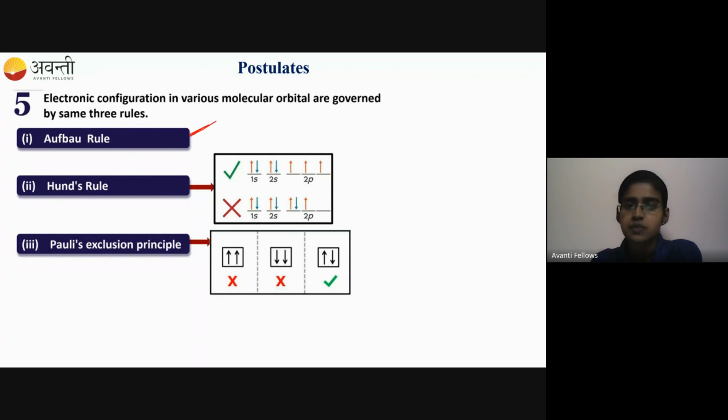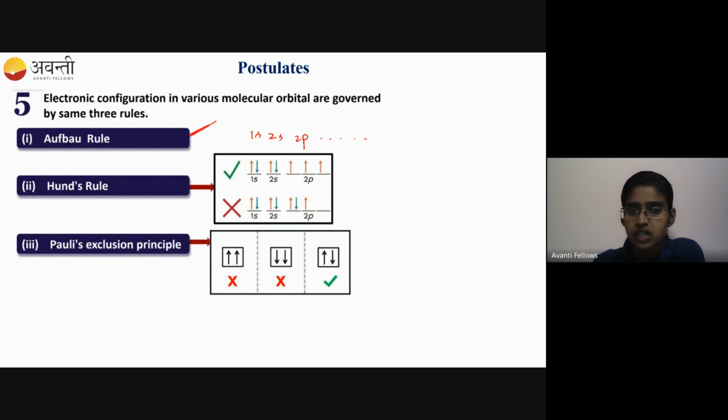Electrons are arranged in the increasing order of energy level from 1s, 2s, 2p, 3s, and it goes on. And what is Hund's rule? No pairing occurs until all orbitals of the same energy level are half filled.